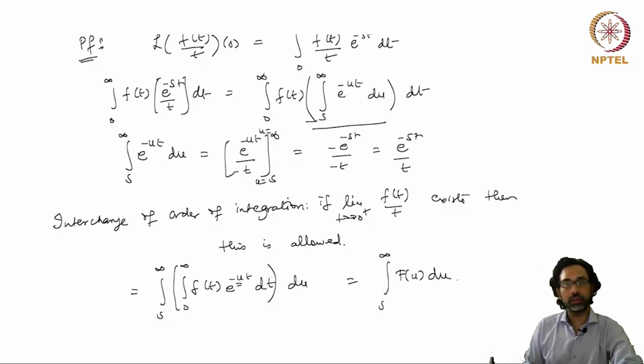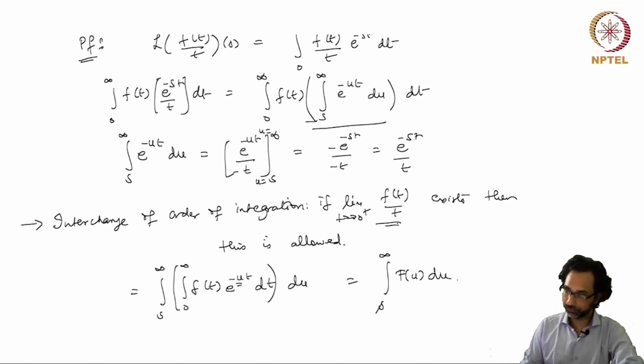So we get the required formula stated in the theorem. Now we have assumed this part. Again, we will see some sufficient conditions later on in the theory section, but for the moment we can assume that if you have a function of exponential order and this limit exists, then this interchange is allowed.